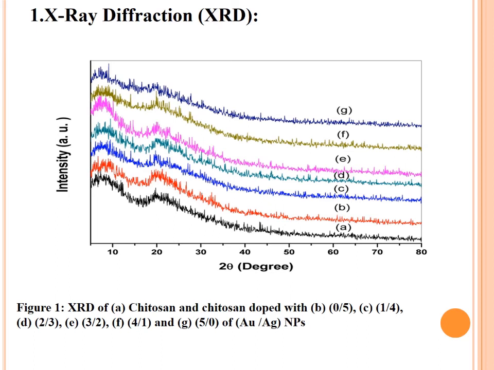less broad, and the diffraction peaks of silver nanoparticles at 2 theta 32.3 disappeared. Both silver and gold nanoparticles have comparable electronegativity and atomic size. Also, they crystallize in the face-centered cubic structure, so it is difficult to determine the formation of bimetallic nanoparticles from XRD.